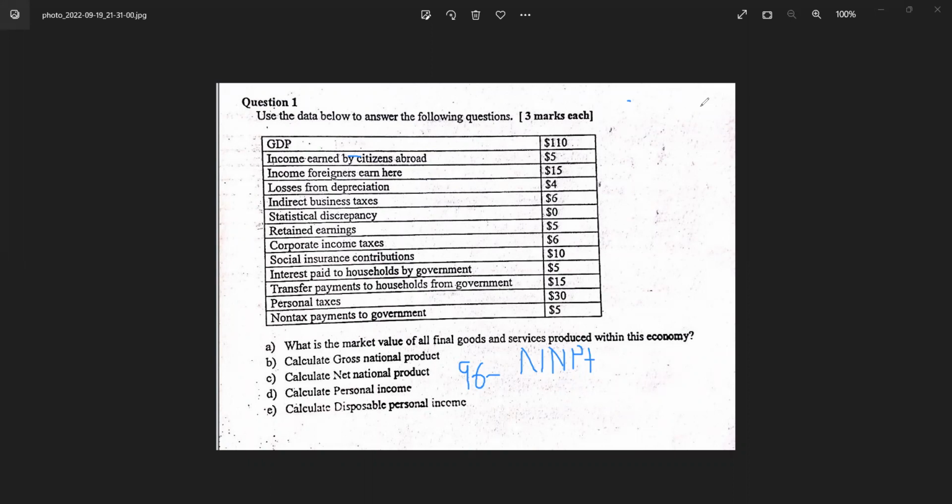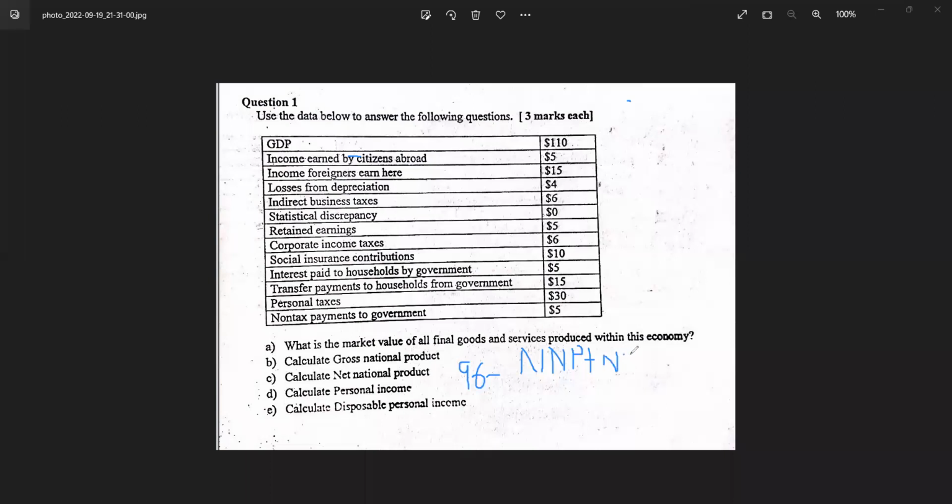From there, they say in order to get national income, you apply less the discrepancy. National income is equal to NNP at market price plus net indirect tax minus statistical discrepancy.